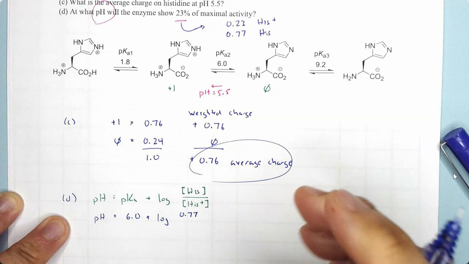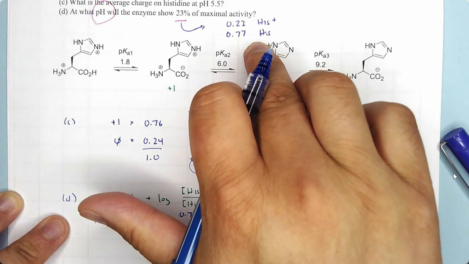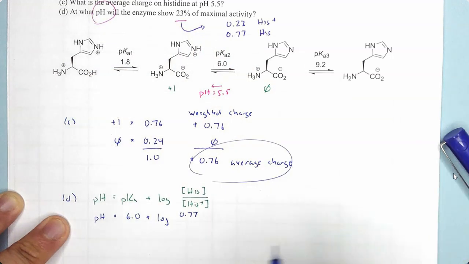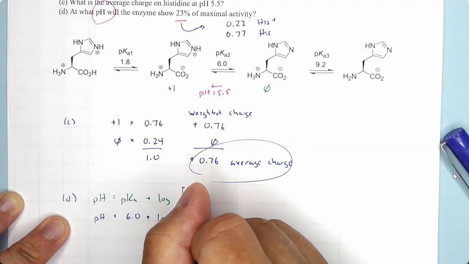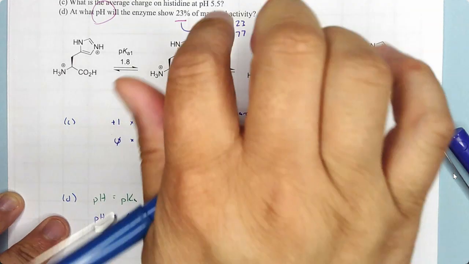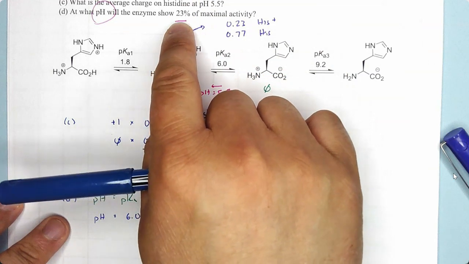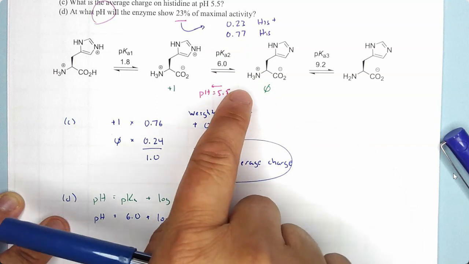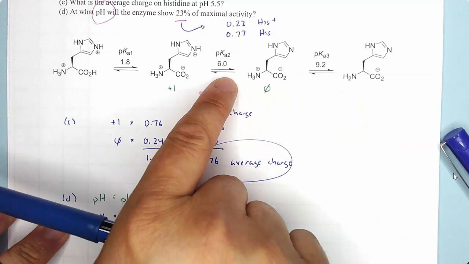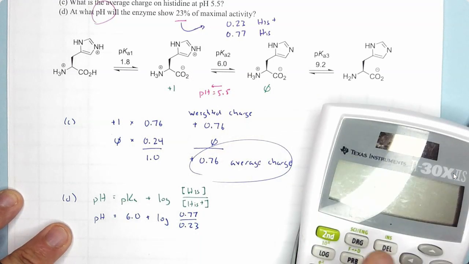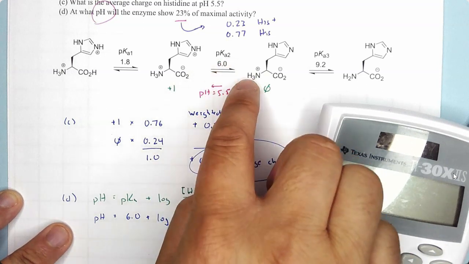We expect more of the enzyme to be inactive because it's less than 50% of the maximum, over 0.23. And so what do we expect? If 23% is active and 77% is inactive, we'll probably expect the pH to be to the right of this pKa. It might be a lot higher, but I'm not going to try to predict that. All I know is the pH is going to be higher.